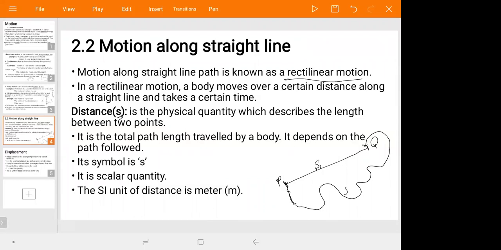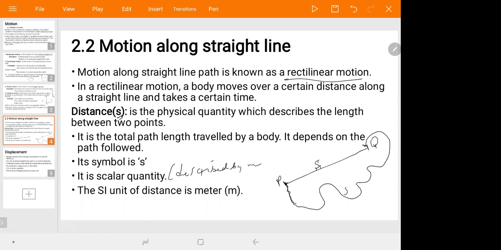It is a scalar physical quantity. When you describe distance, there is no need to mention direction because it is a scalar physical quantity. So it is described by what only? By magnitude only.